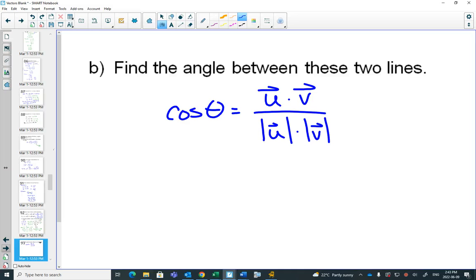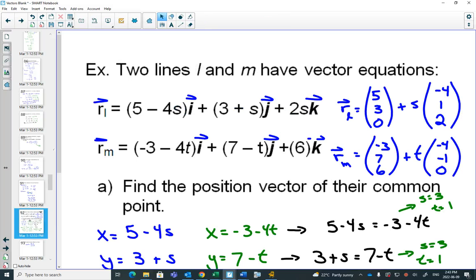Now we want to find the angle between them. And here's the interesting thing. When we look back at our equations, we have more than one vector listed here. We have vector equations for both of them, and in each vector equation, there's two vectors listed. And we also found in part A their point of intersection.